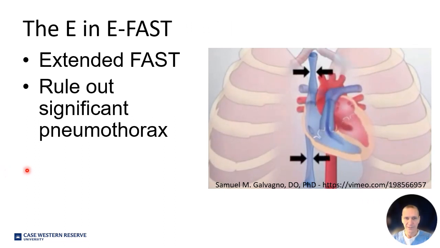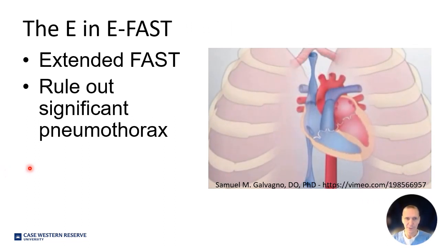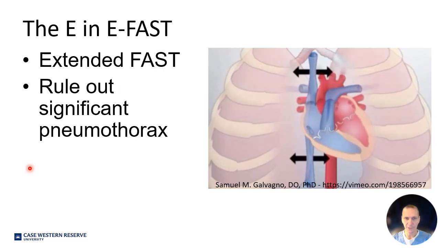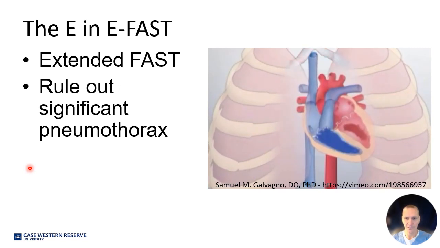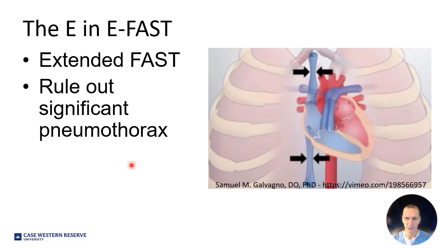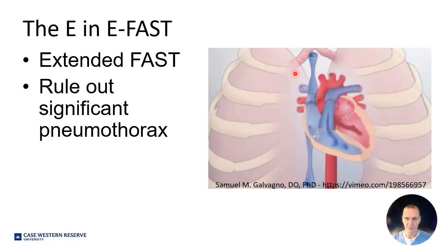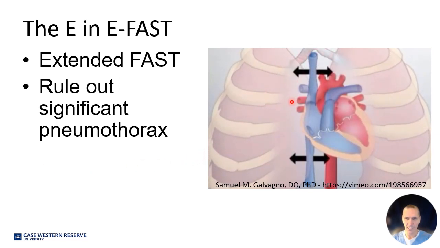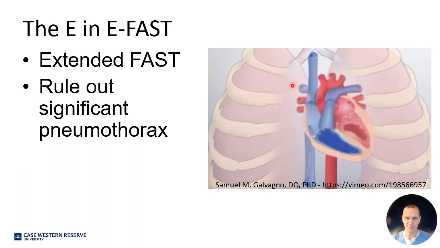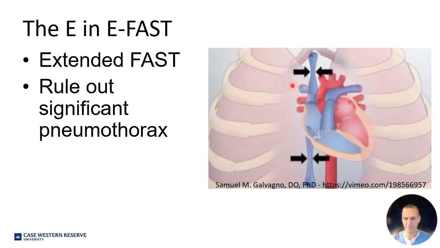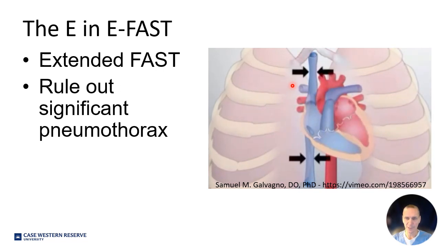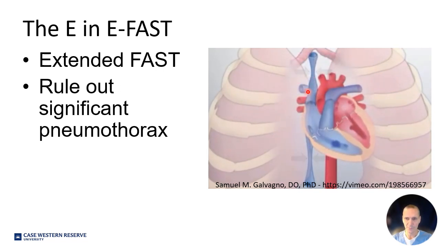Now we're going to talk about the E, so the extended part of the FAST exam. And really our goal here is to rule out a significant pneumothorax. I think this is a good time to remind people that any positive pressure, whether that's CPAP, BiPAP, intubation, any positive pressure will reduce a patient's preload.